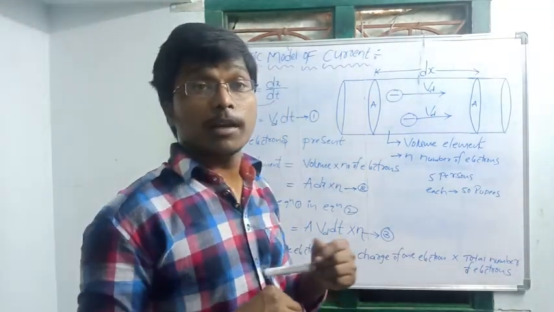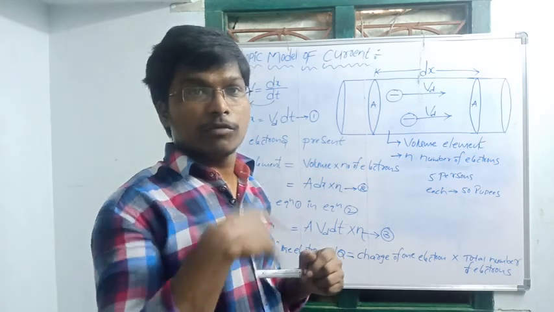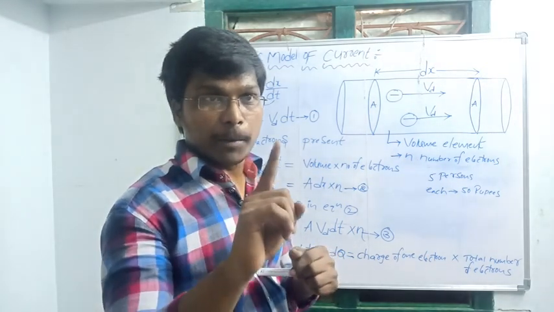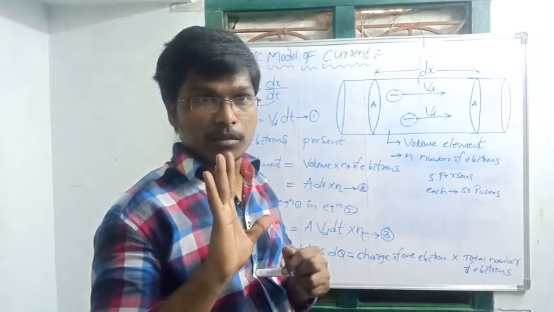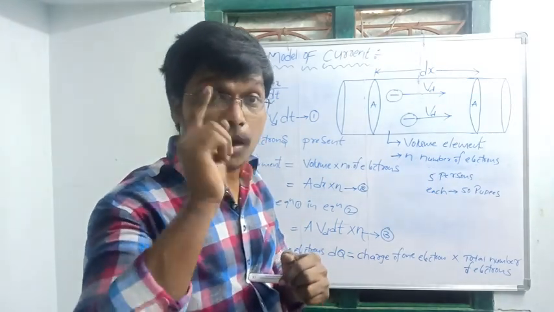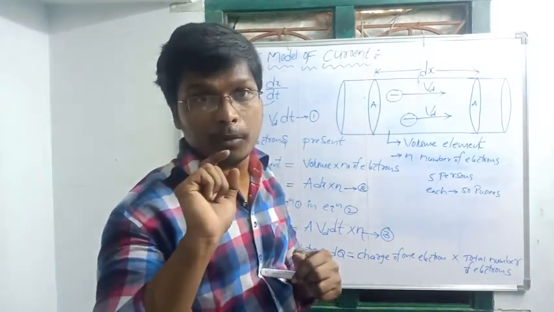How to find the total? One person's amount into total number of persons, correct?